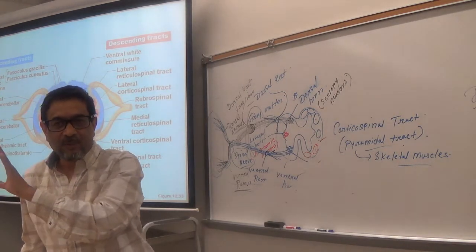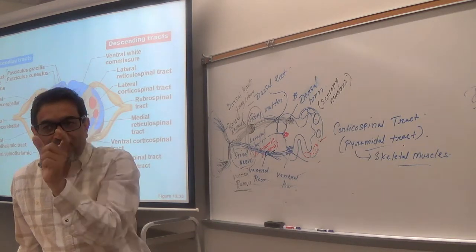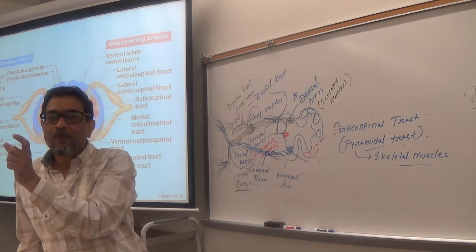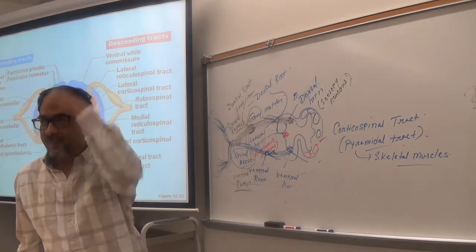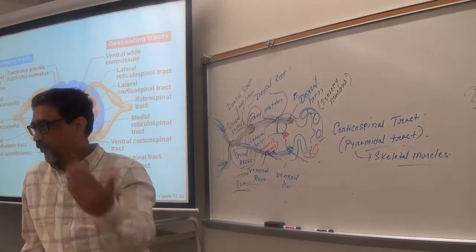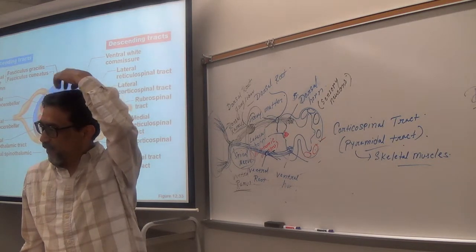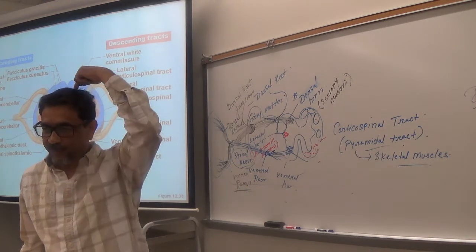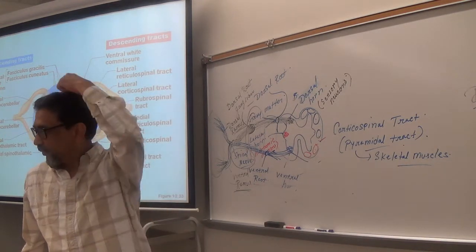Make sense? So if I ask you, is this a motor or sensory? You can tell, right? If you see the end part is spinal, that is what? Motor or sensory? Ends with spinal. Motor, descending, right? Corticospinal, tectospinal, rubrospinal, vestibulospinal, going from different parts of the brain to the spinal nerve. That's why they end with spinal. This way, look, going to the spinal nerve, right? From the brain structures.